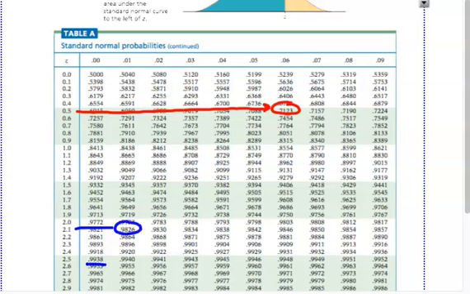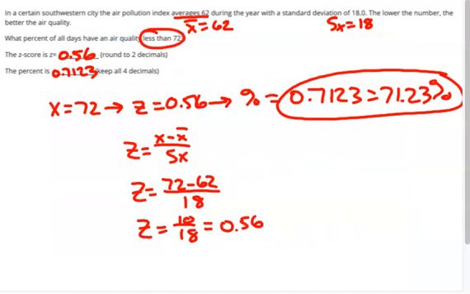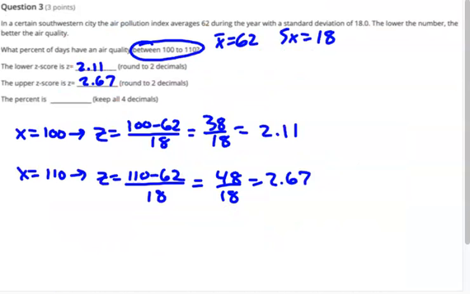Here's 2.6 over to 7. 2.67 is here. My board's a little bit off, as you can see. 0.9962. So I need to take 0.9962 and subtract 0.9826.